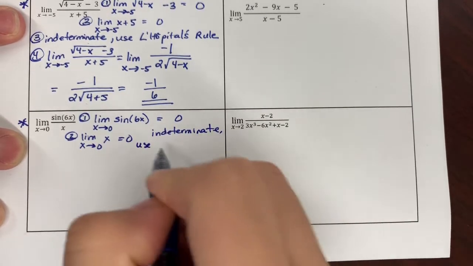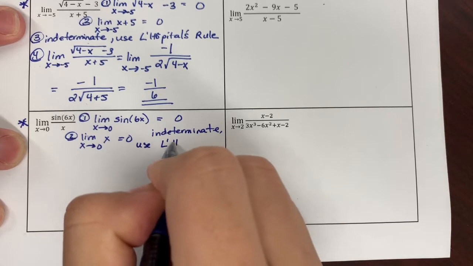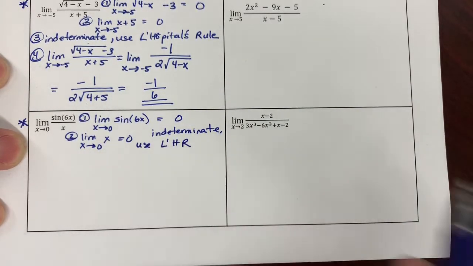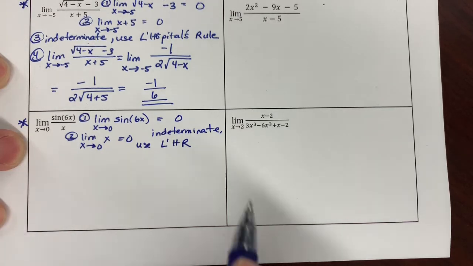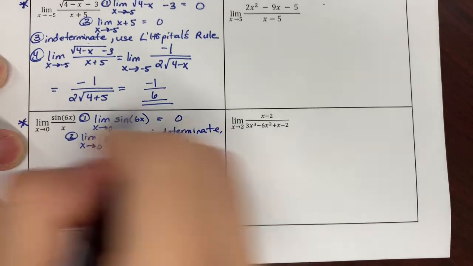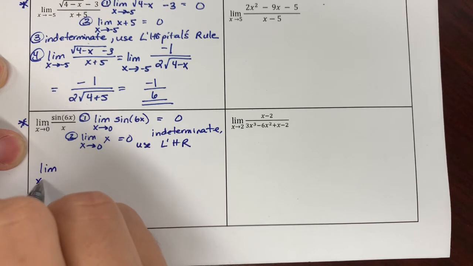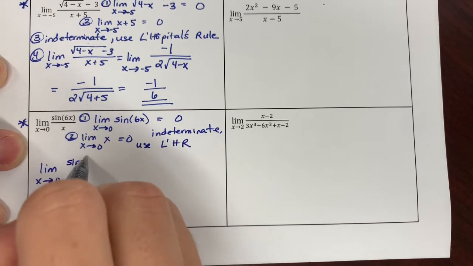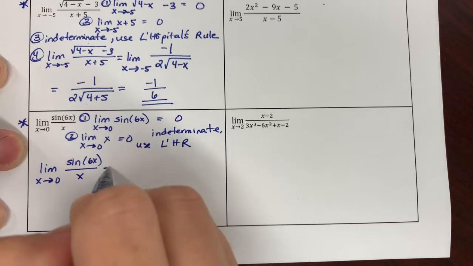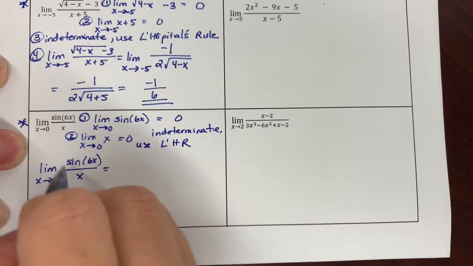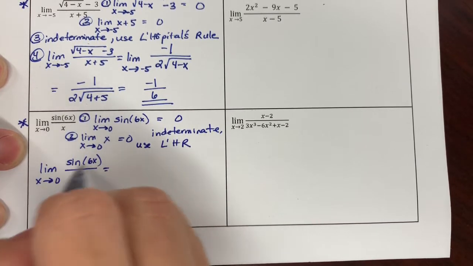Use L'Hopital's rule. We'll write it out. I'm just shorthanding it to not make this video longer than it could be. So now I'm going to rewrite my limit: the limit as x approaches 0 of sine of 6x over x. By L'Hopital's rule, I take the derivative of the top and the bottom.